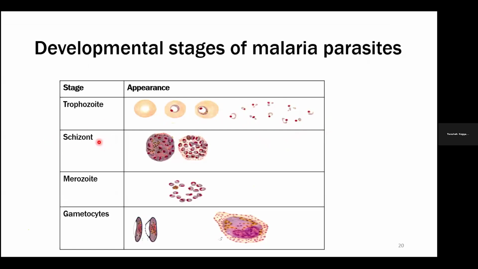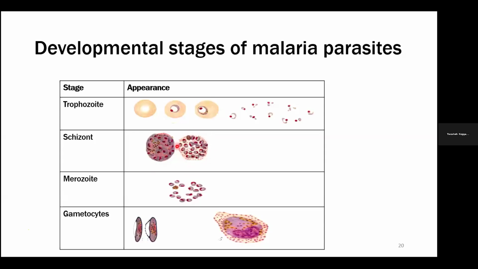Then there's another stage called a schizont. In an infected red blood cell, there are numerous red dots inside a cell. Also, there are pigments. These golden yellow stars are pigments.